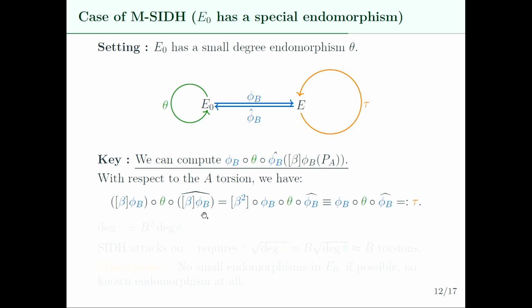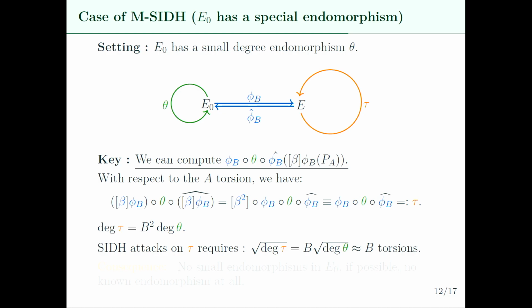And we can compute the image point under this left-hand side endomorphism by definition. So we can also compute the image point under the right side endomorphism tau. And the degree of tau is b squared times the degree of theta, and theta is very small, so it's about b squared. So we can adapt SIDH attacks to tau by using b-torsions.